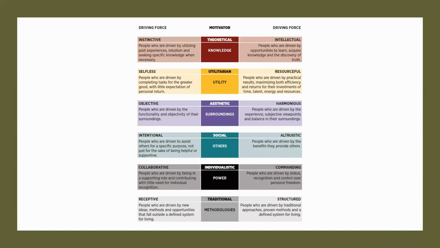They want all the available knowledge regardless of whether it applies to what they're looking for now or not. It's just very interesting to them. On the other end of the continuum, the theoretical continuum, the instinctive person wants just the knowledge necessary to accomplish the task at hand. So in other words, both ends of the spectrum value knowledge differently.